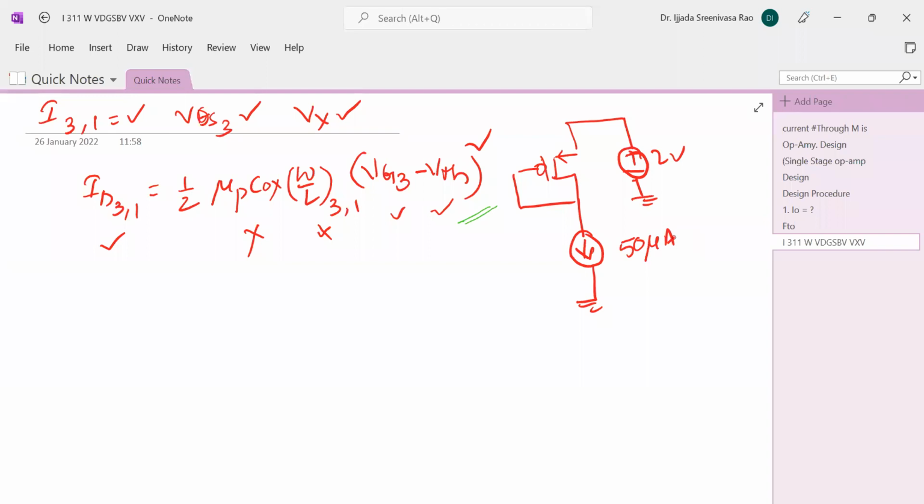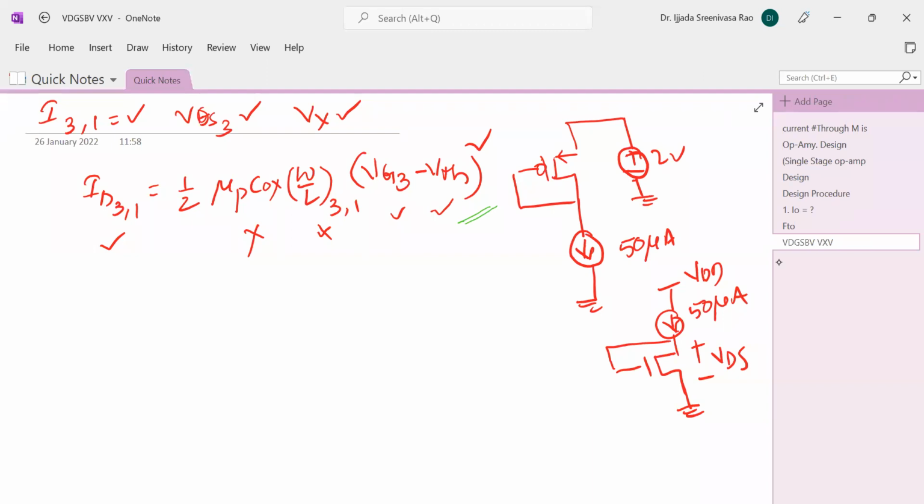Similarly for NMOS, if you want to simulate, then this is my NMOS, this is VDS, this is the VDD, and this is the 50 microamperes.